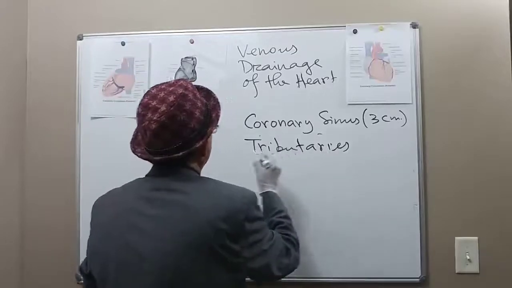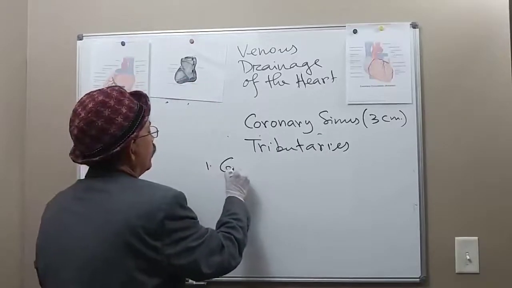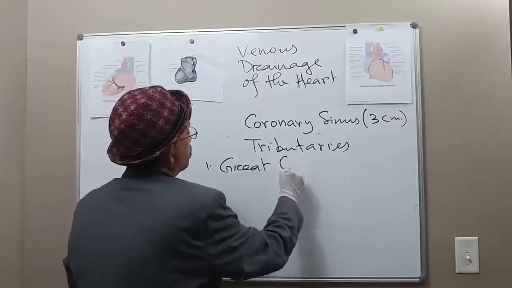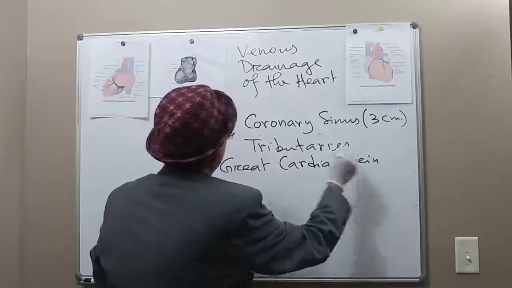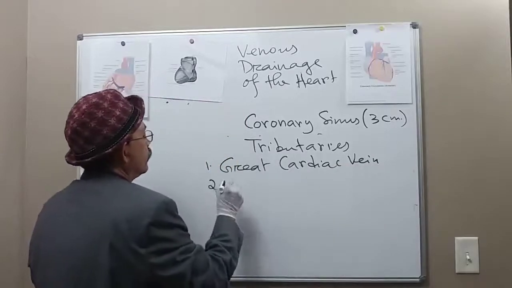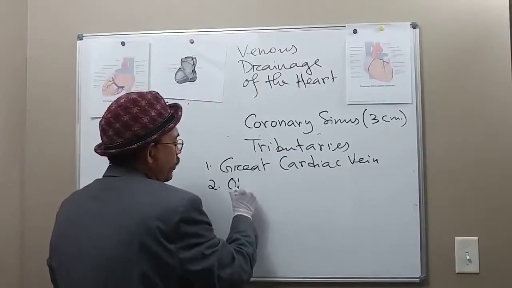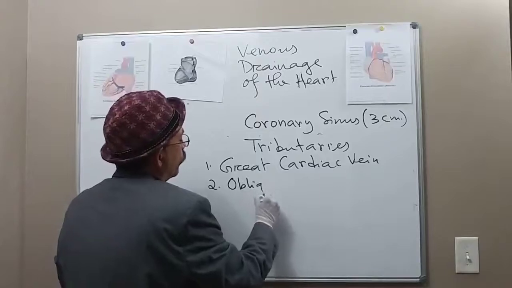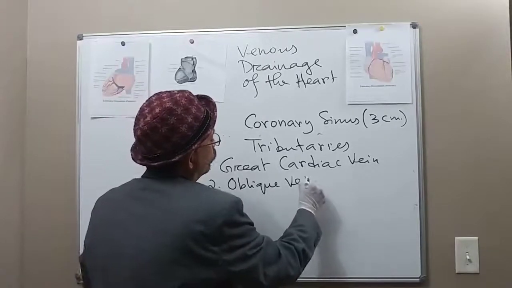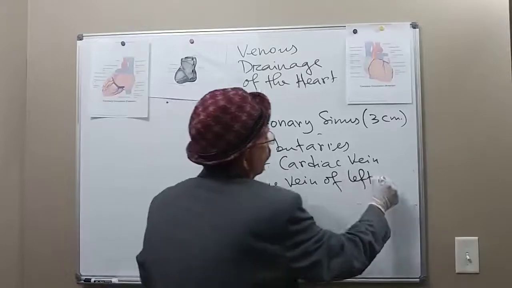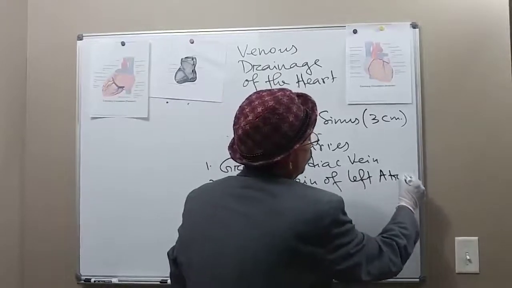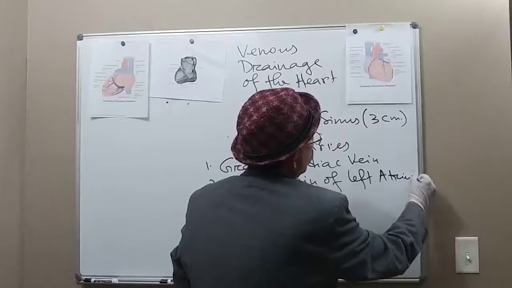What are the tributaries? We have the great cardiac vein, the oblique vein of left atrium, also called the oblique vein of Marshall.